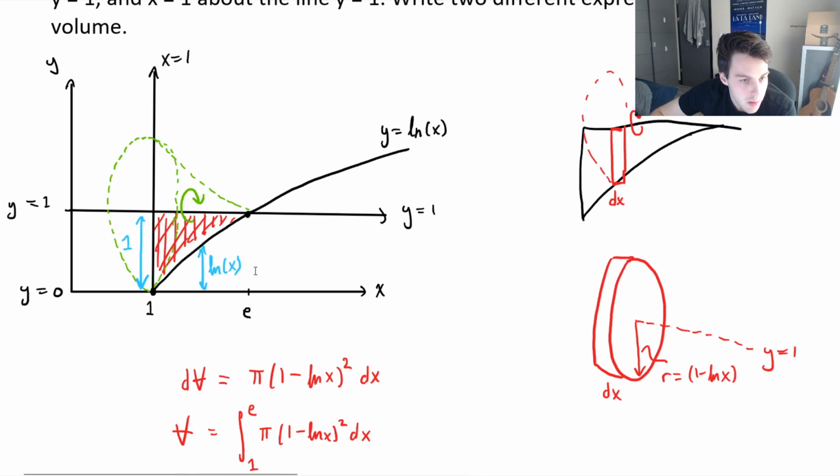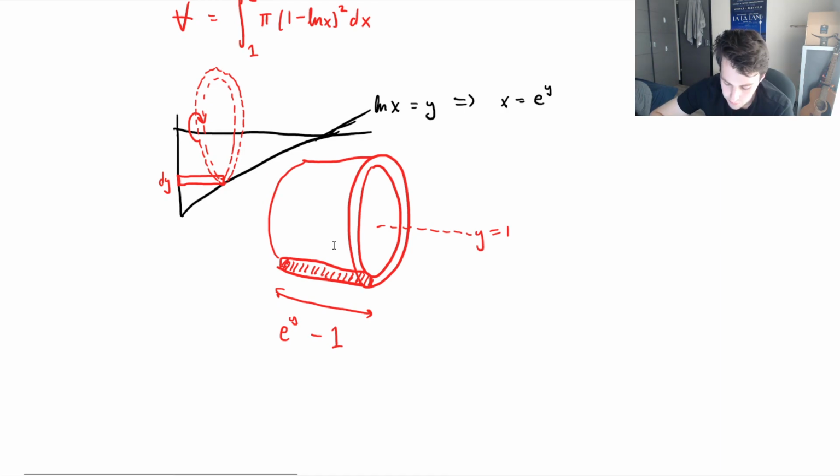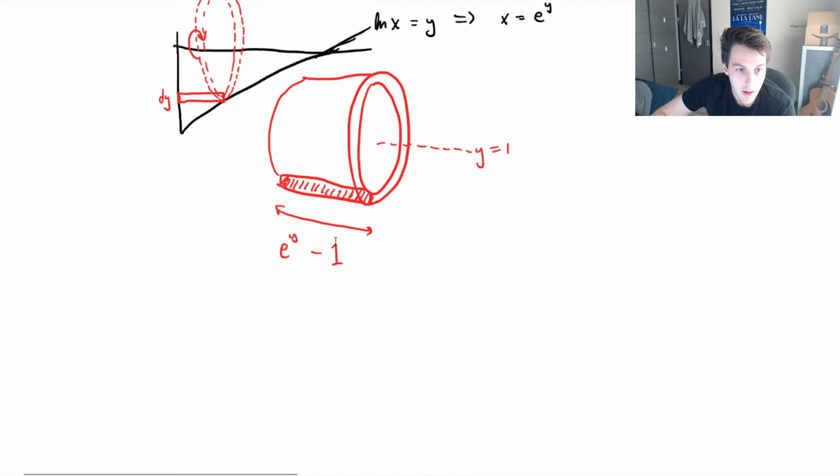Okay, sounds good. So how do we get the differential volume? This is what we're trying to figure out. If we were to unravel this cylinder, you could see that we have a shape that looks kind of like this. Let me actually draw this ever so slightly differently.